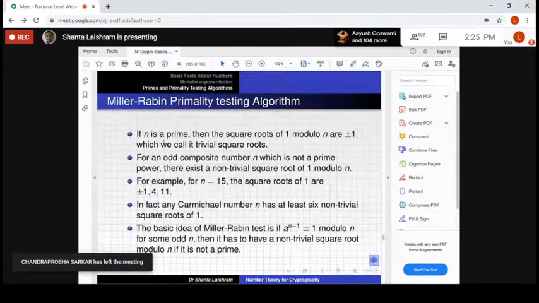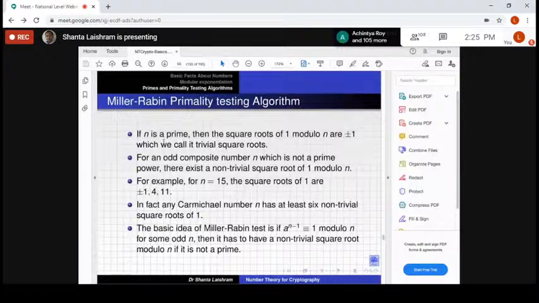It's easy to see that if n is a prime, then the square roots of 1 modulo n are plus or minus 1 mod n. So when n is a prime, there are only 2 square roots of 1, either 1 mod n or minus 1 mod n.